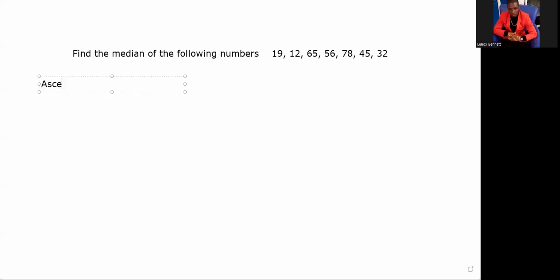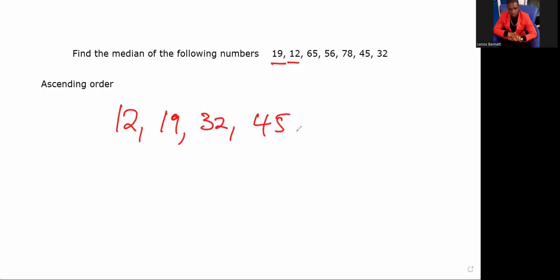All right, that's very good. In ascending order, the first number would be 12, since 12 is the smallest in value. So 12. Next, we have 19. Then 32. 45. 56. 65 and 78.